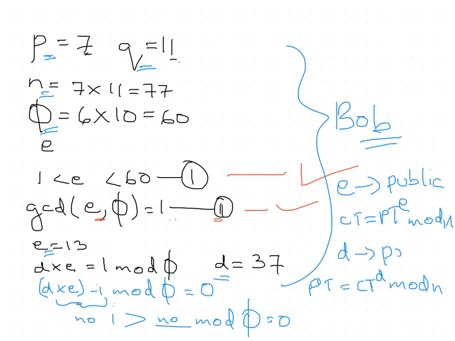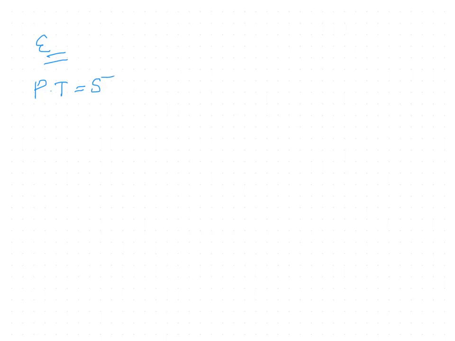So this is nothing but the private key. Now I'm going to take up a new example to explain the decryption and the encryption process. For the encryption part, I'm taking plain text equal to 5.